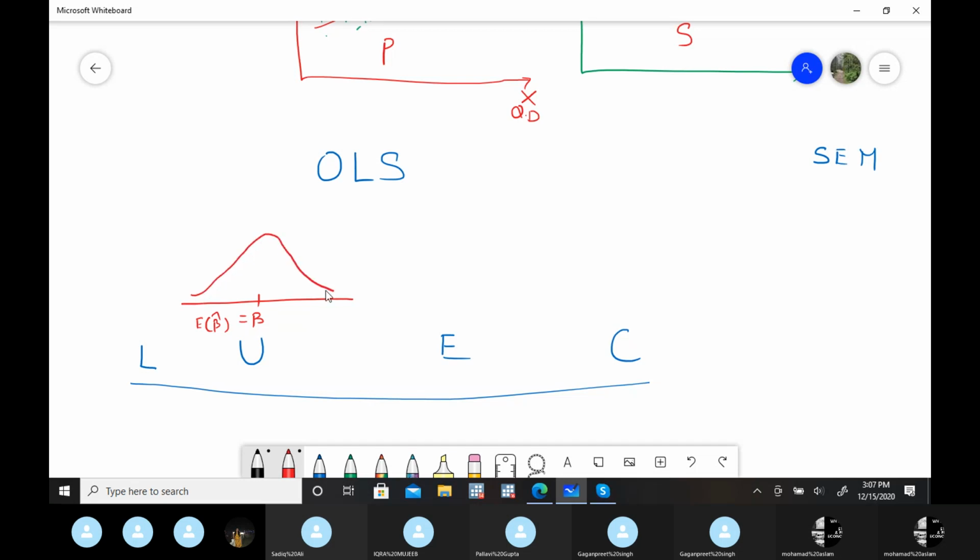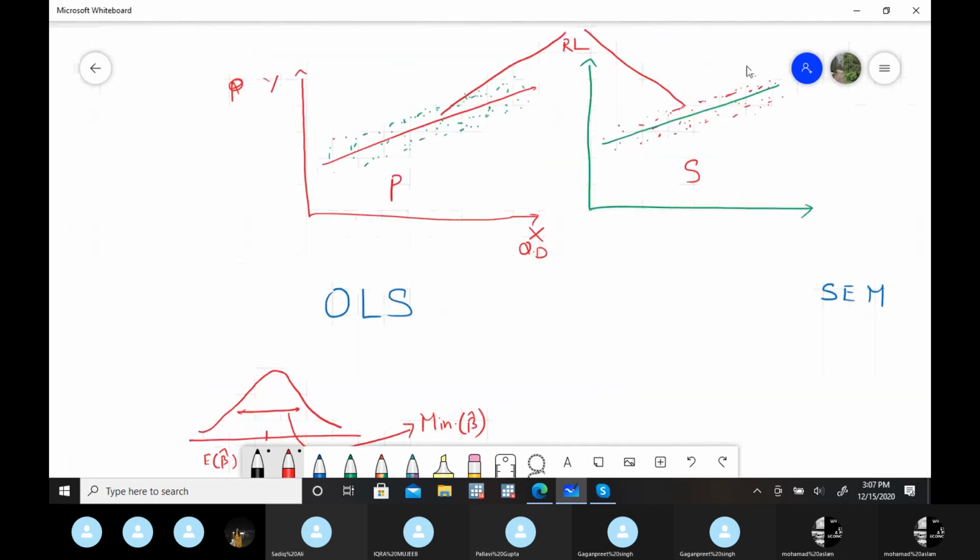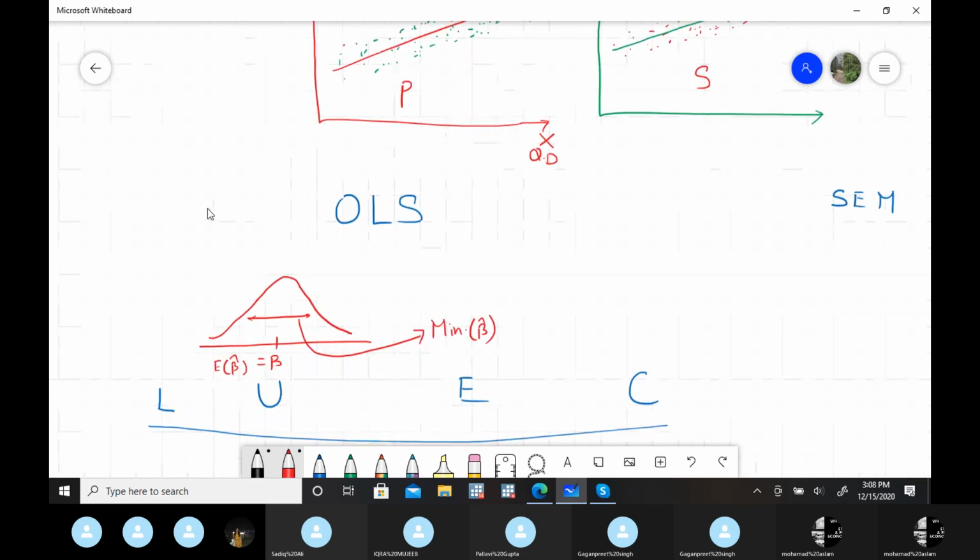Yes, there is a variation. The second thing is that the efficient property makes sure that in the OLS methodology the variance is minimum for these beta estimates. These are the two things that we need to make sure that our sample results are near the population. An exact relation is not possible, that you will get estimates exactly equivalent to the population. So maybe nearby. That's what we need.